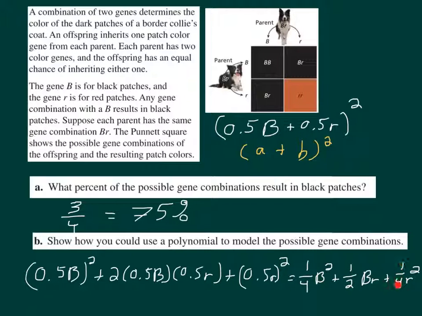And finally, 1/4, or 1 out of 4, are the gene combination RR, the homozygous recessive, which gives us the red patches. And so this expression allows us to model the gene combinations and the frequency with which they occur. It's a wonderful combination of biology along with mathematics that I hope you find helpful going forward.